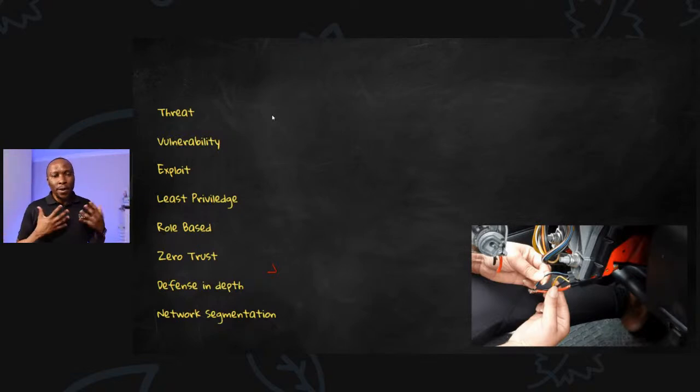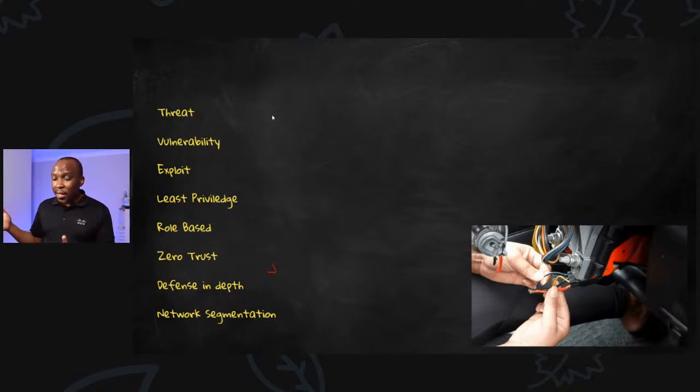When you're talking about threats, we are basically looking at the potential occurrence of anything that could cause harm to our asset. And when we're looking at vulnerabilities, we are looking at the weaknesses in our system.